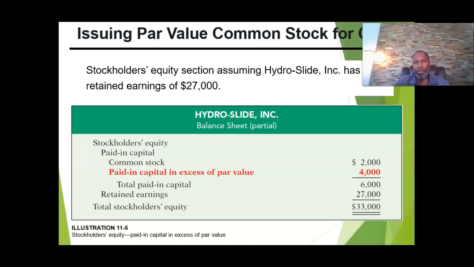So we're going to multiply the 1,000 shares times $4, and that $4,000 goes to an account called paid in capital in excess of par value. So now the total paid in capital section of the balance sheet is $6,000. Add that to your retained earnings to get total stockholders' equity in the amount of $33,000.